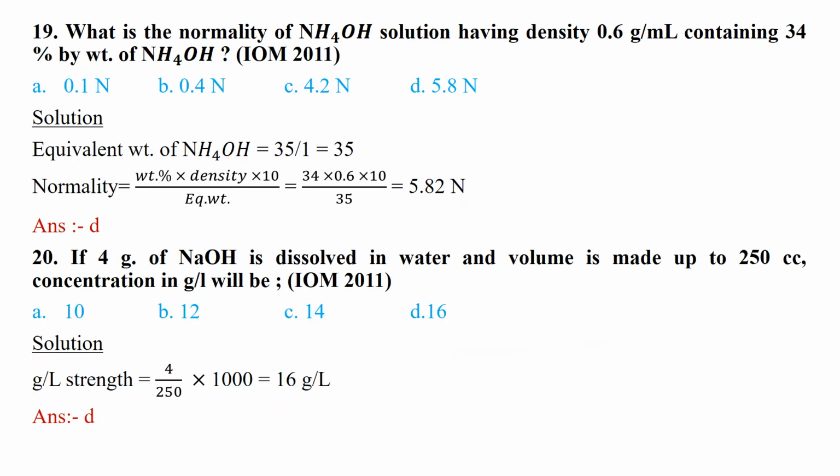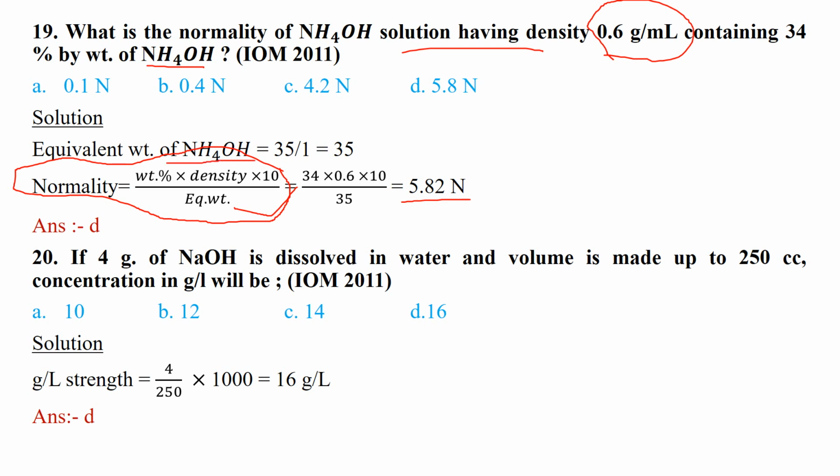What is the normality of ammonium hydroxide solution having density 0.6 gram per ml containing 34% by weight of ammonium hydroxide? Just remember this formula to calculate the normality: normality is equal to weight percent into density into 10 by equivalent weight. Put the values here. 5.82 normality is the answer. We have to calculate the equivalent weight of ammonium hydroxide.